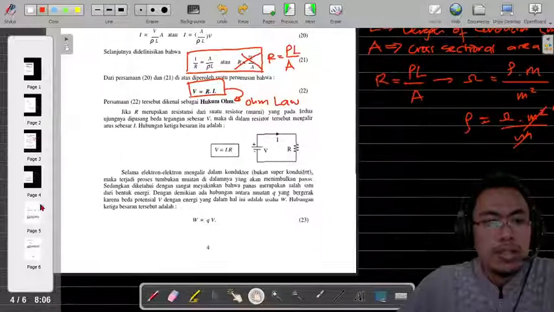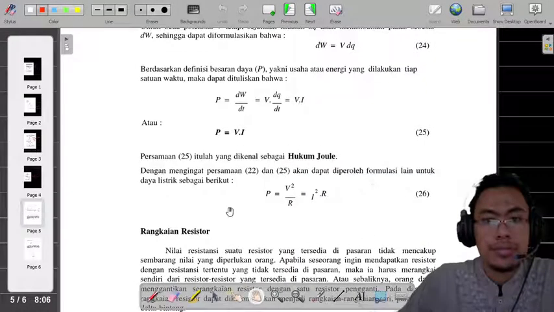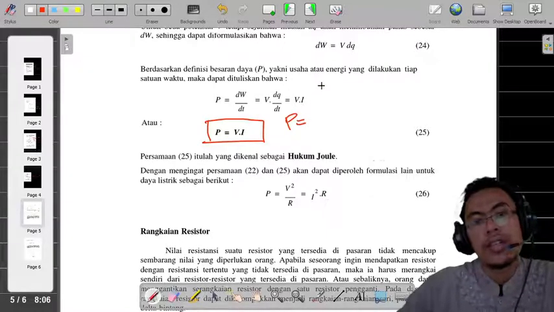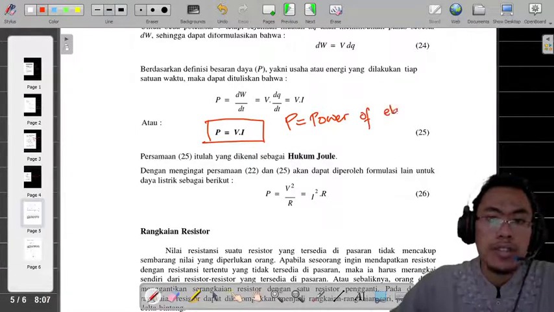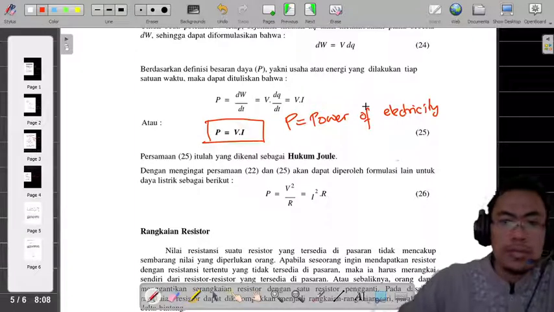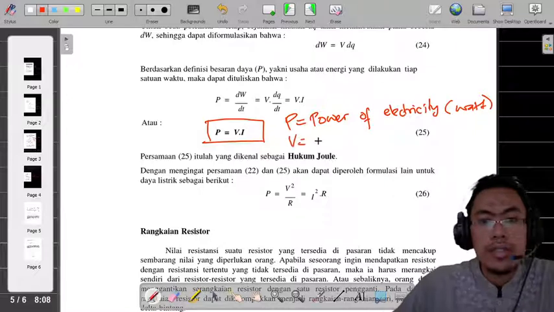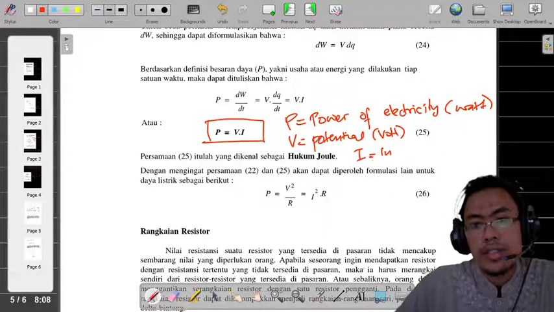And then another important formula is this one. So this is the power of electricity. So P is power, in this case the power of electricity, in watt, and then V is potential, which is volt, and I is intensity, which is A for ampere.